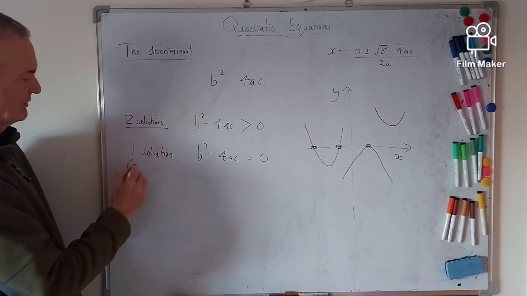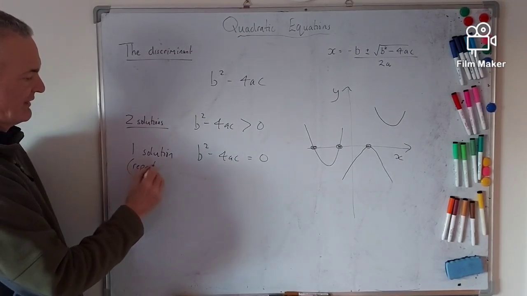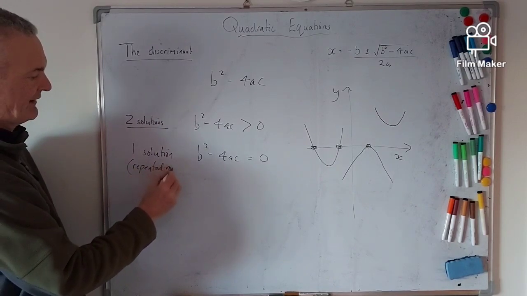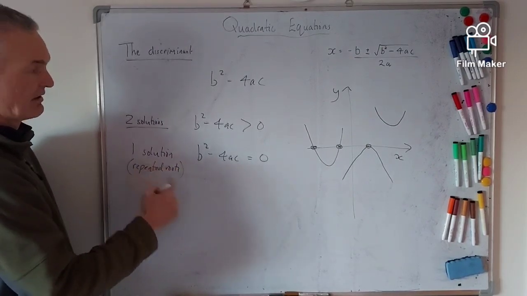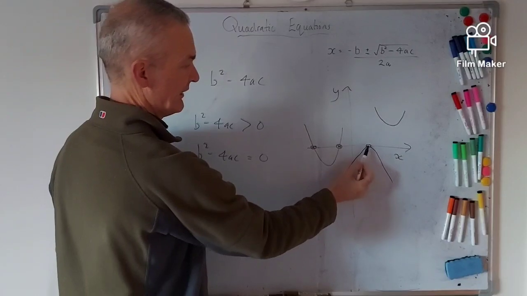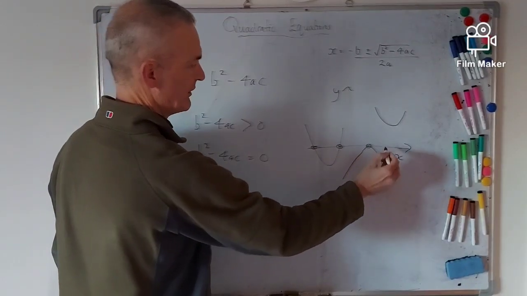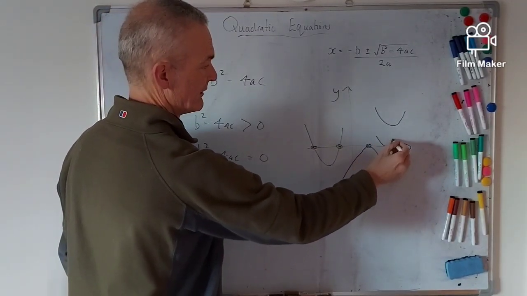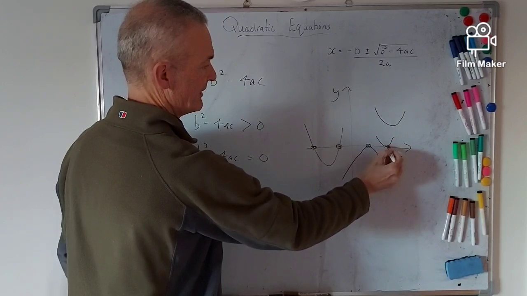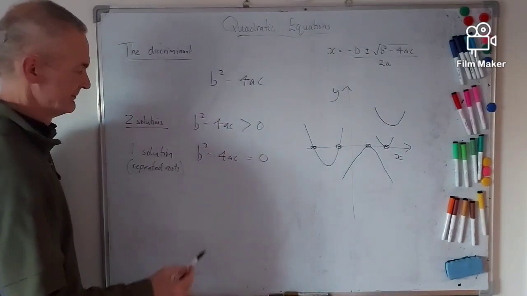You may see it written as repeated roots. It just means it looks like this and it just touches once. It could go the other way around, like so, but there's only going to be one solution.